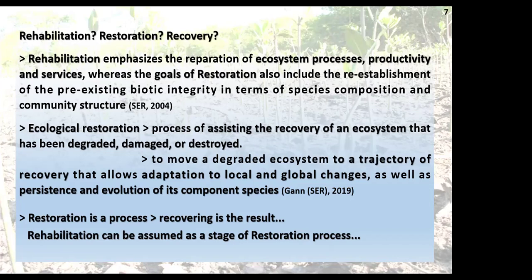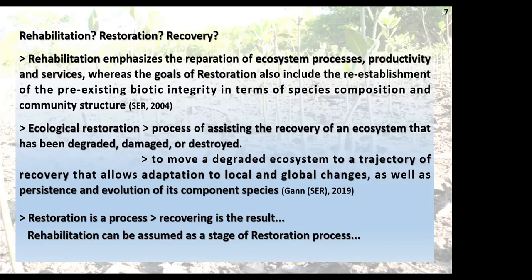I read this definition because it's extremely important. This is an important definition from the SER, since it recognizes that the environmental conditions and ecosystems change, and that the component species and their relationships are crucial to shape the community through the ecological processes.